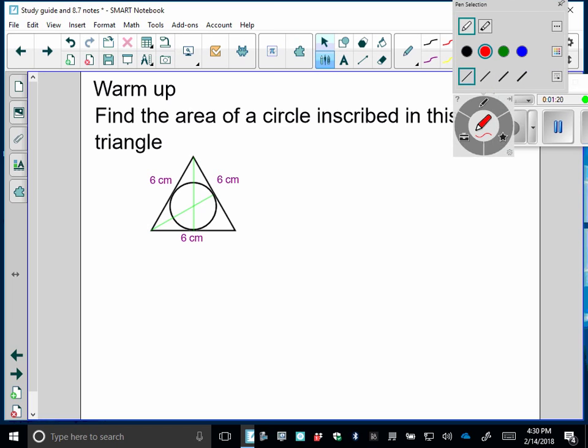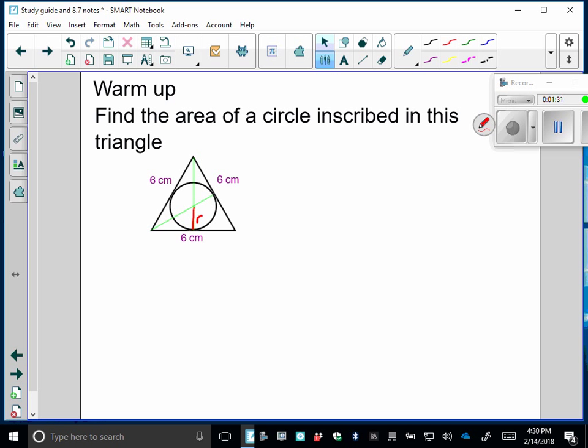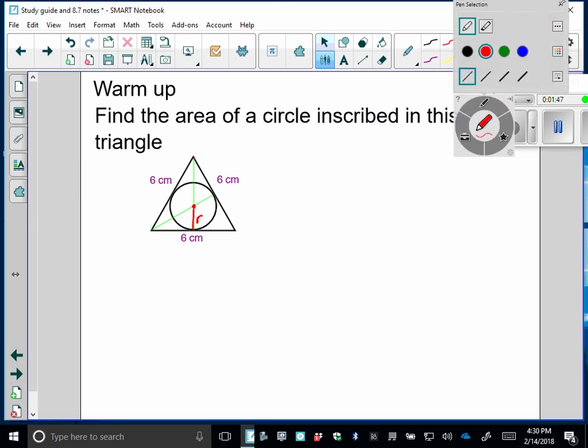And in order to find the area of the circle, we need to figure out the radius. The other thing that we learned is that the center of the circle was 1/3 of the distance from the base to the vertex. In other words, that radius is half the length of this piece of the triangle.